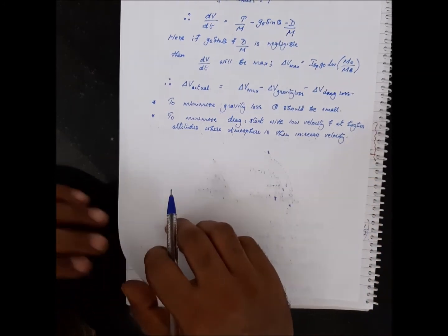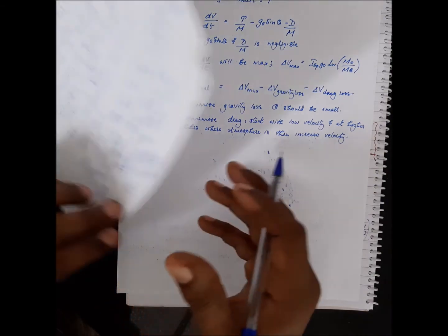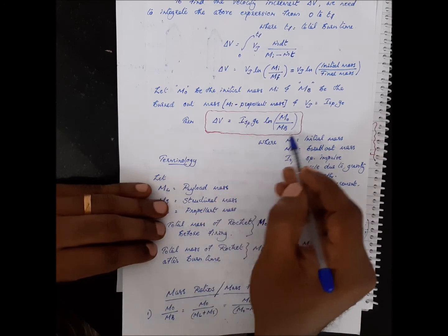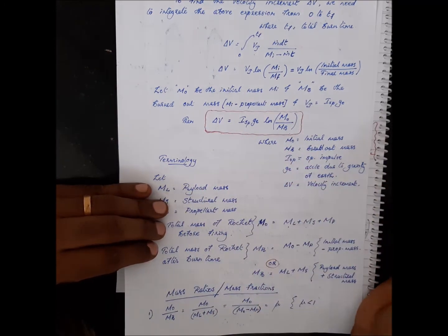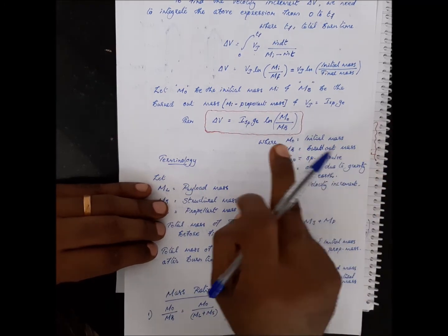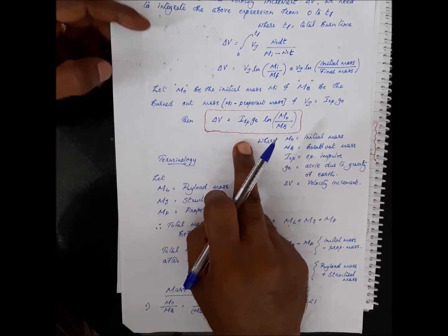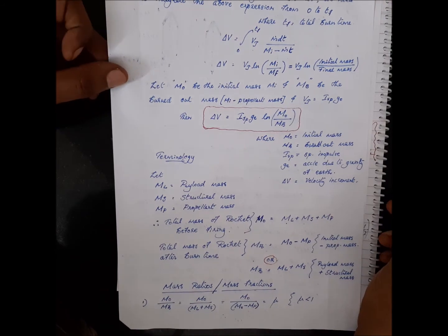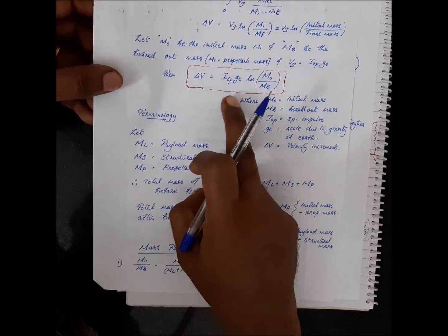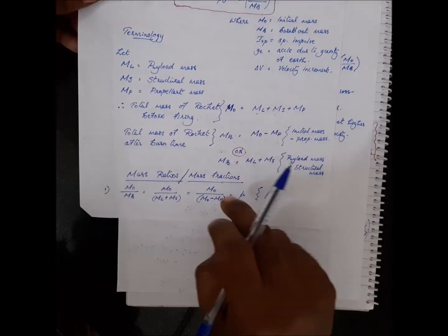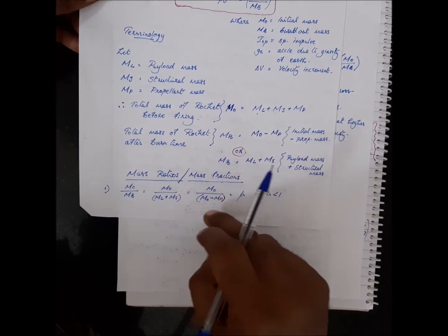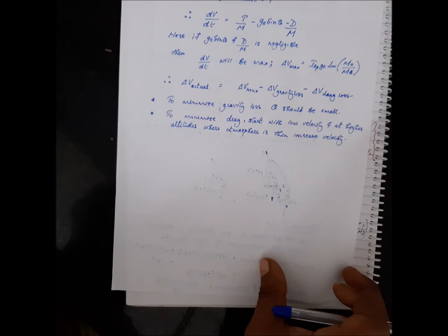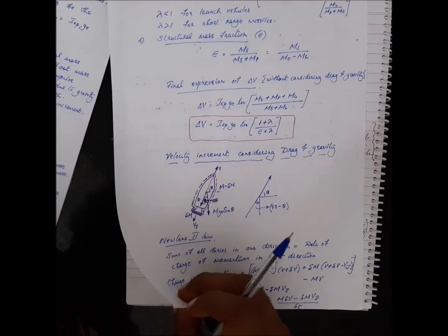To sum it up, you have two equations. The first one is a very simple derivation. There are questions repeatedly asked on how to derive the rocket equations, so that is a very important derivation. Then you need to get familiar with the terminologies: mass fractions, payload fraction, structural mass fraction.